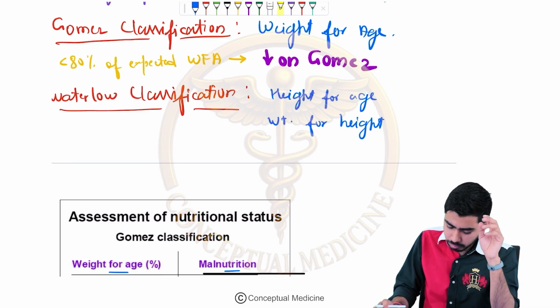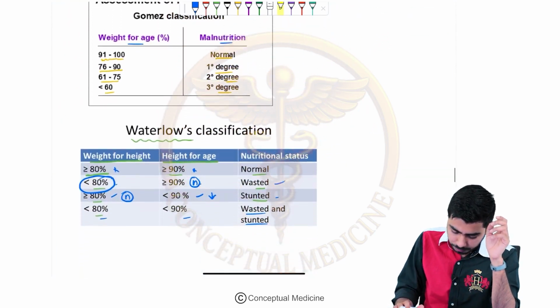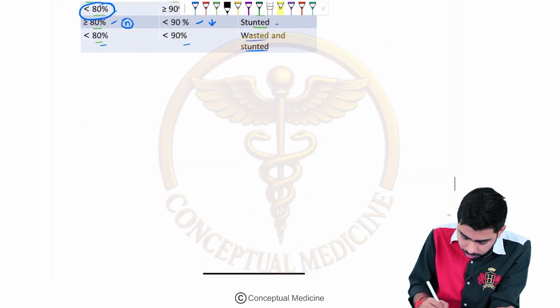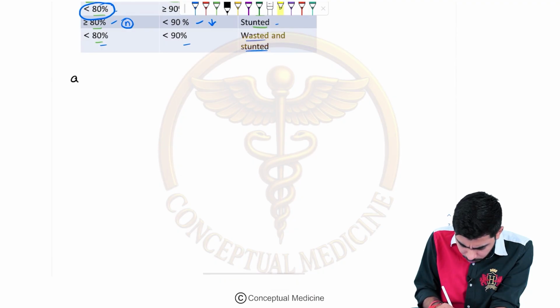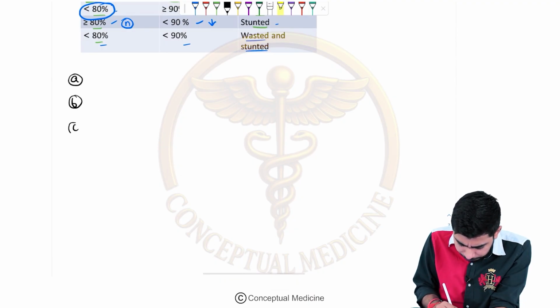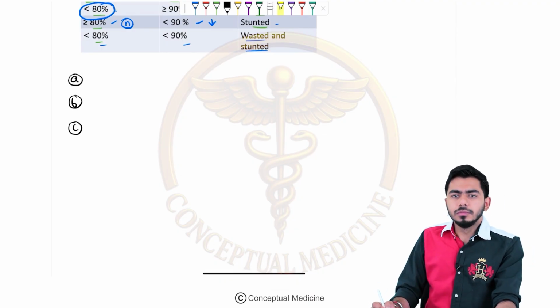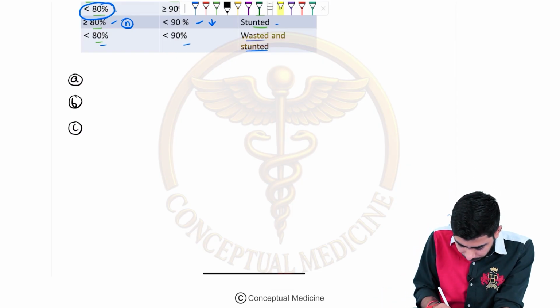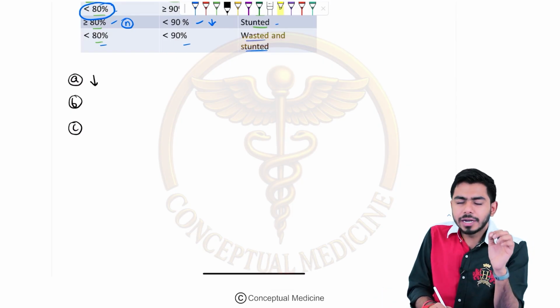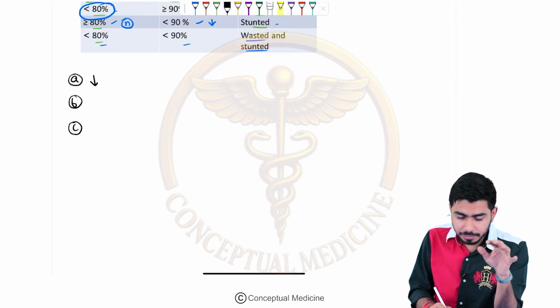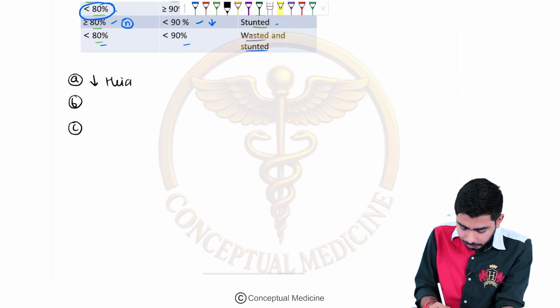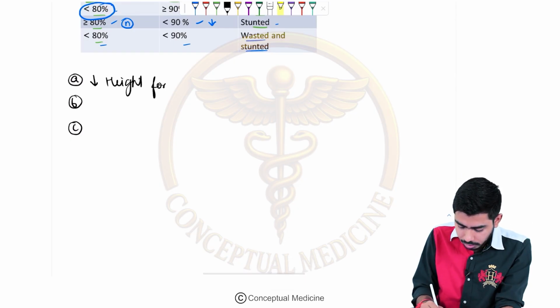Next point we shall be talking about is three important parameters, right? Let me talk about them. What are these three important parameters? I am just writing A, B and C. If I am saying that the height for age is less, I am having three questions.